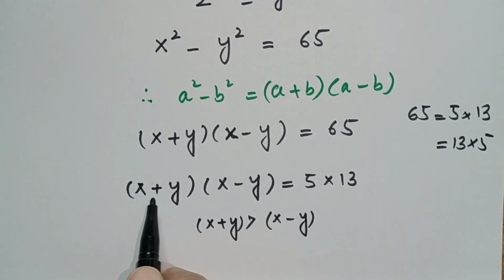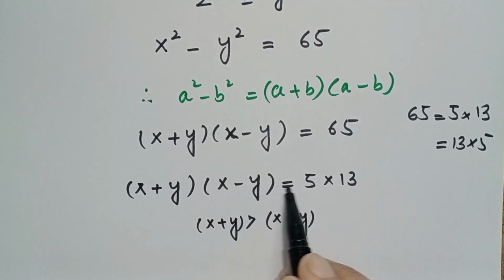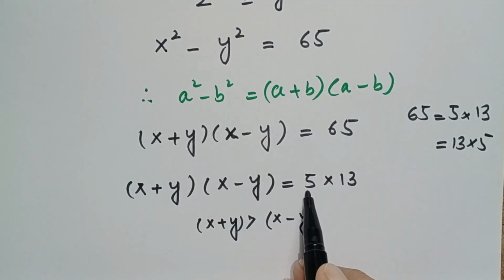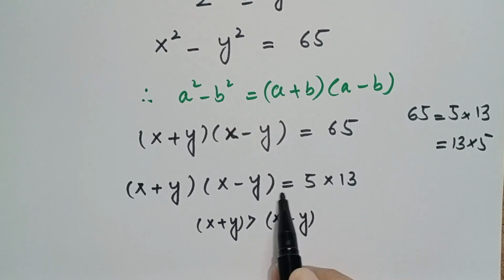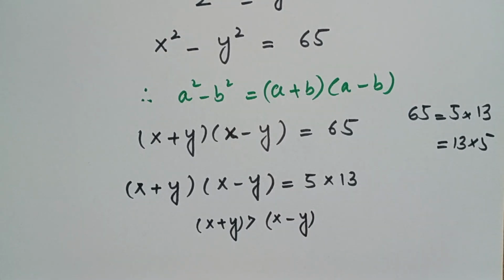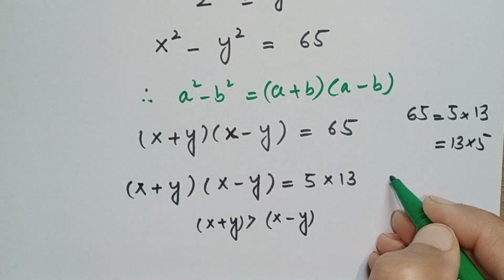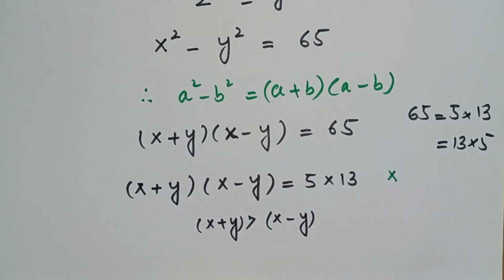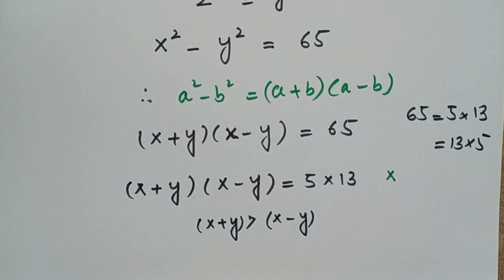If we compare x plus y with 5 and x minus y with 13, but 5 is less than 13, and we know that x plus y is greater than x minus y, so we cannot consider this case. This is wrong because 5 is less than 13. That's why we will not consider this case. We will consider the other case.